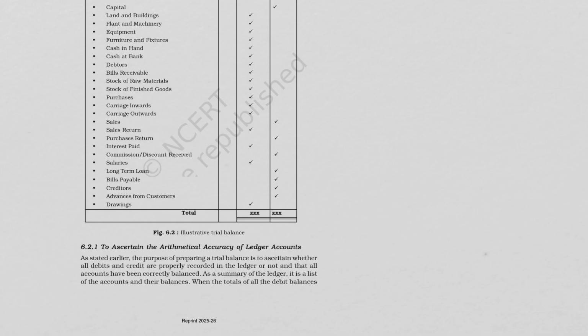For example, if goods are purchased for cash rupees 10,000, then we will write purchase account debit rupees 10,000 to cash account credit 10,000. Now imagine a business that records hundreds of transactions every day.